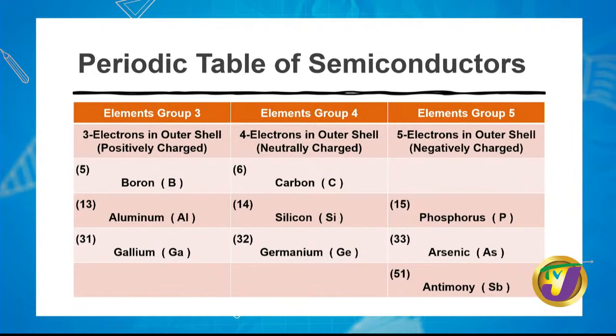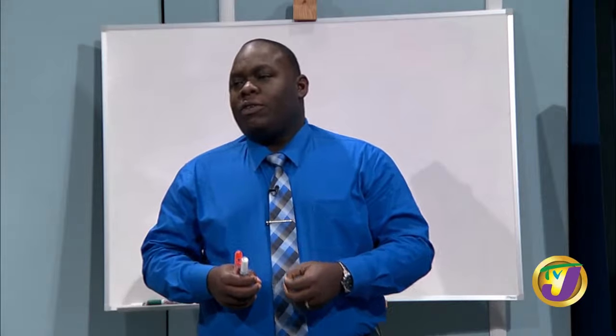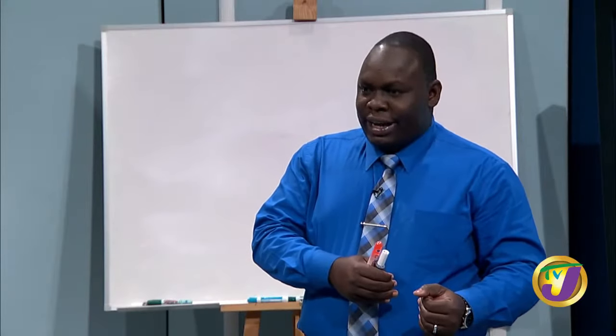Where would you get the dopant from? Well, as we mentioned earlier, the semiconductors, silicon and germanium, are group 4 elements. So in order for us to get the impurities, the impurities have to come from a neighboring element.